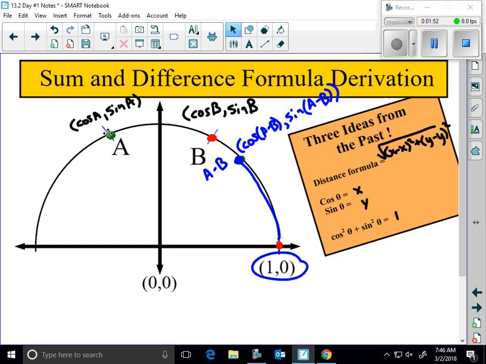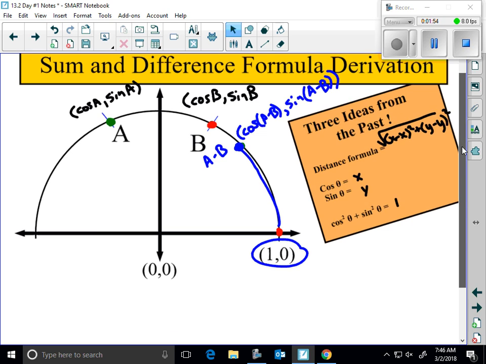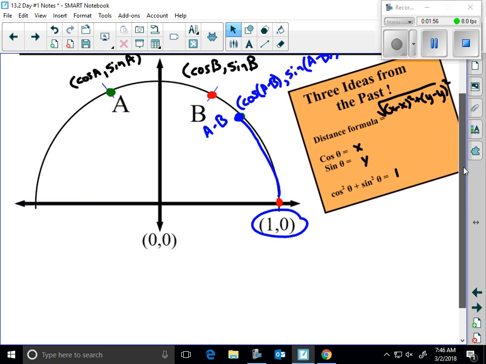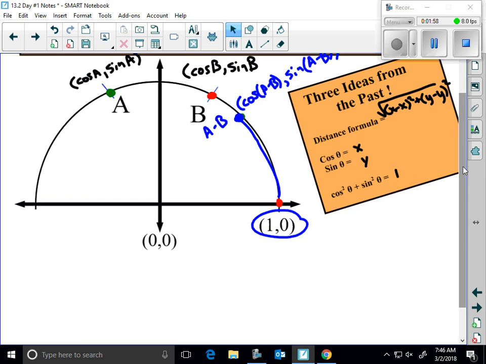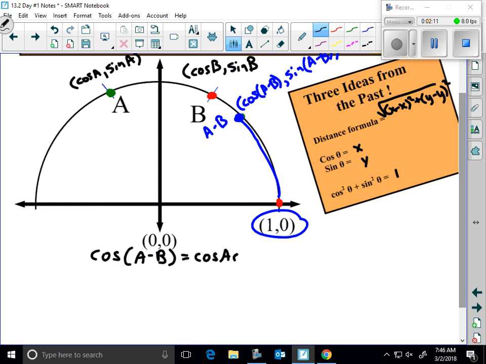So what we're going to do is use the distance formula to prove some stuff. So what are we going to prove? In the very end, we're going to prove this cool identity, which tells us that cosine of A minus B is going to equal cosine A cosine B plus sine A sine B. And we're going to be able to apply that to a bunch of different situations.